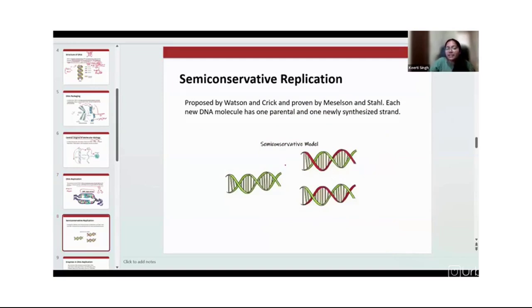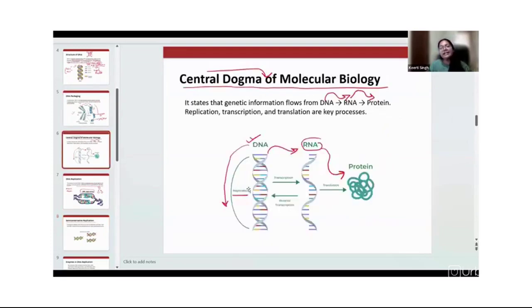This DNA replication is also known as semi-conservative replication. See, this process of DNA replication we will deal with later on: how many enzymes are involved, how this double-stranded DNA is going to replicate and create a copy of itself, what kind of enzymes are involved, at what step and where this process will take place, whether in the nucleus or in the cytoplasm.